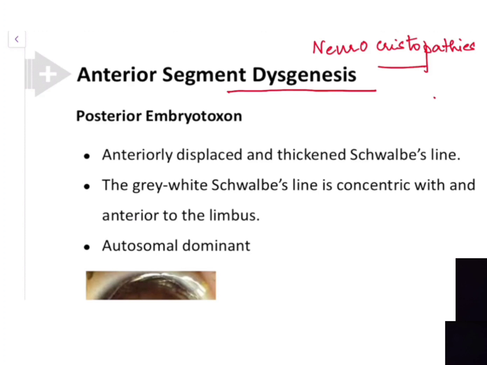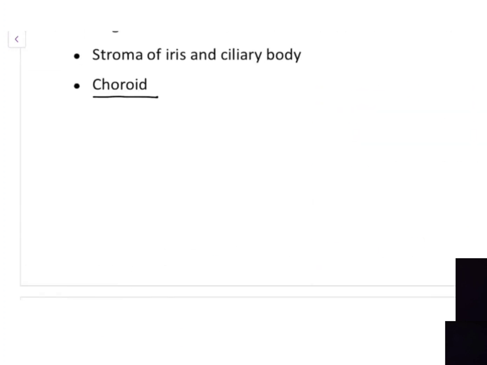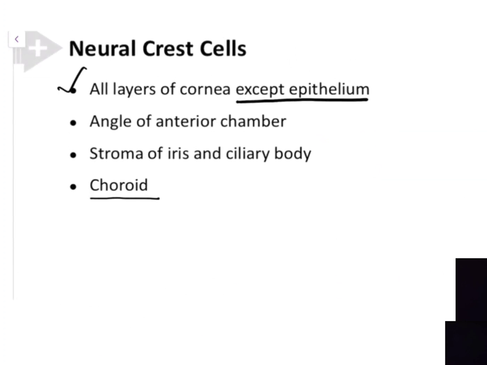of the neural crest. So just to quickly revise, what do we remember about the derivatives of neural crest? Remember, it gives origin to all the layers of cornea except the epithelium. It gives origin to the angle of the anterior chamber, then the stroma of the iris and the ciliary body, and the whole of the choroid.